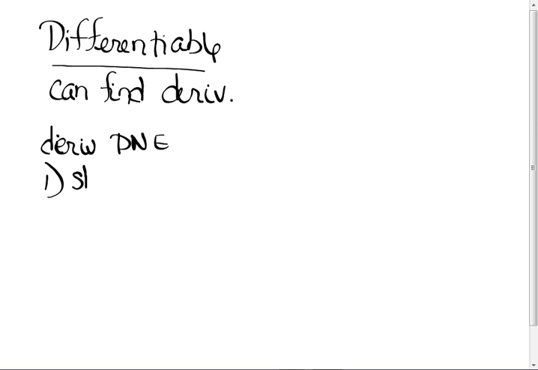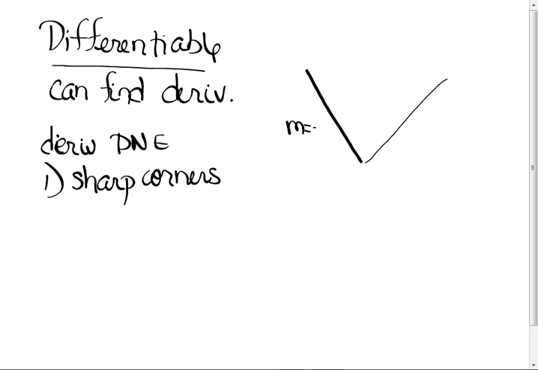Corners, sharp corners. And that's because a derivative really is a limit. So if you take the absolute value function, for instance, and you look at the slope here, the slope is -1. That's the derivative. The slope on the right is +1. These have to come together nicely.